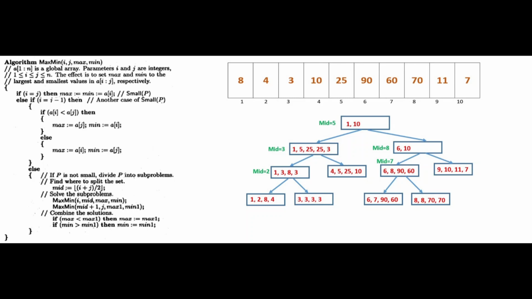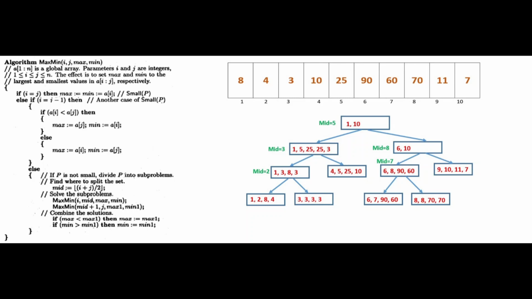Find max and min. From 90 and 11, find the maximum value. Check 90 and 11, which is maximum. Here the maximum value is 90, so assign 90 to variable max. And from 60 and 7, find which is minimum, that is, from min and min 1.